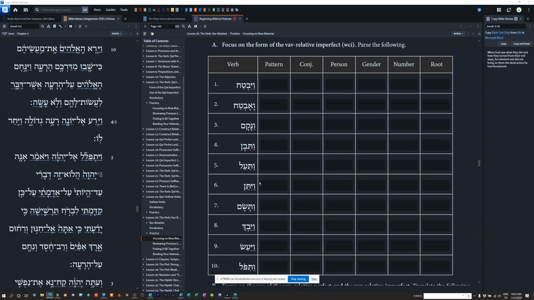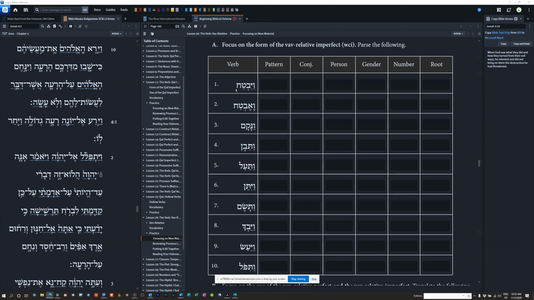So the reason why I draw that comparison with the form of the definite article is there's going to be times where the Vav relative changes its form, just like the definite article changes its form depending on what it's connected to. Okay, enough said there. Vav patak dagesh, you can account for that as the Vav relative. Then we're left with yiv tak.